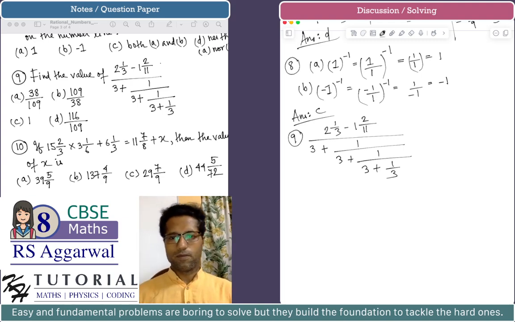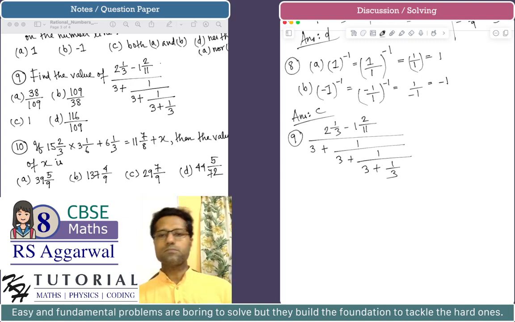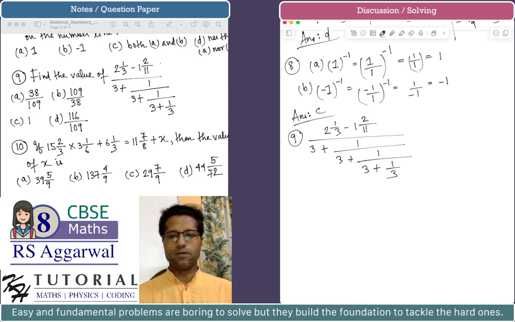So there seems to be a pattern in the denominator: 3 plus 1 by again 3 plus 1 by 3 plus 3.